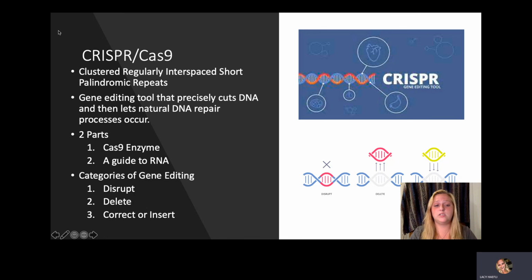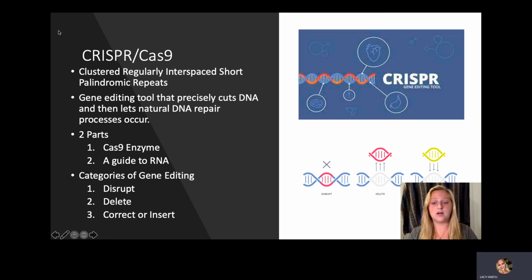There are three categories of gene editing. The first one is disrupting, in which there is a single cut, and non-homologous end joining results in the addition or deletion of base pairs. This disrupts the DNA's original sequence, which causes gene inactivation. Next is delete, where larger sections of DNA are deleted when they've been identified by two guide RNAs.